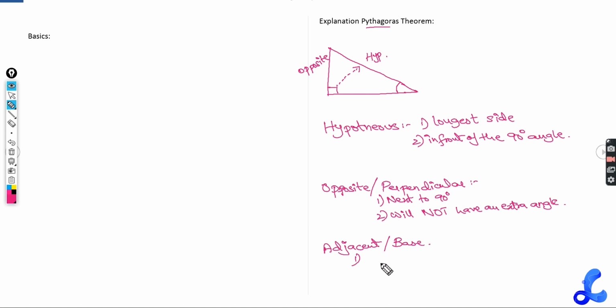And adjacent will also be next to your 90-degree angle, but it will have both the 90-degree and the angle on the side. So whichever line has both 90-degree and angle on it, that side is called adjacent, right?